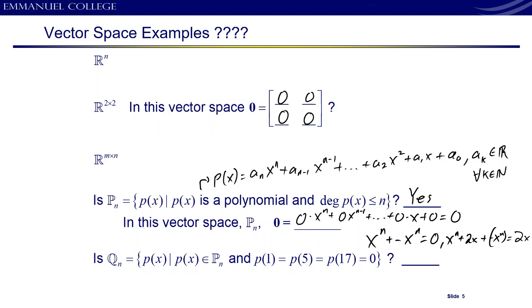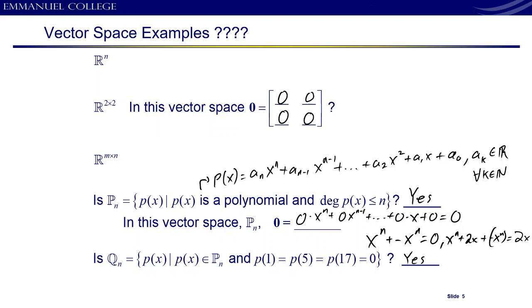As strange as it is, yes. Because all this is, if you think about it, is a subset of the first one. The only difference is this one has to have the roots of 1, 5, and 17.